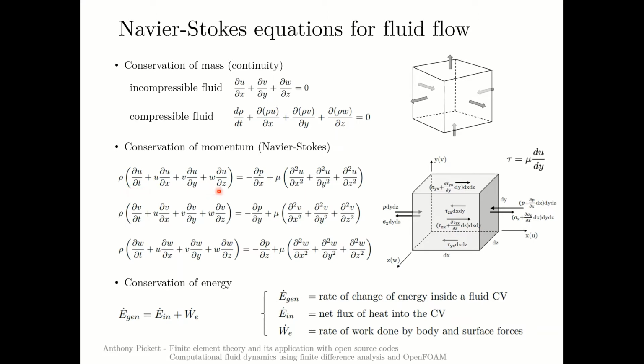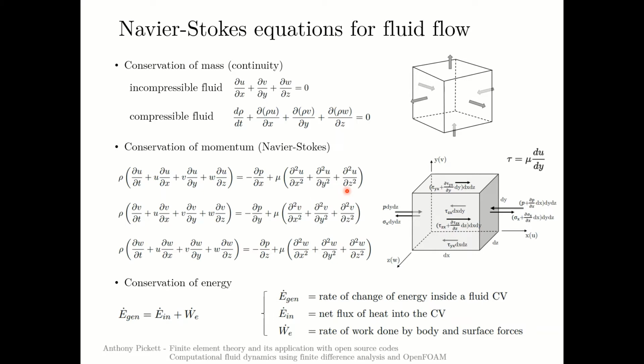This is the local derivative, and here are the convective derivatives. So this is the same as the previous expression, except it's expressed in conservation form. On the right-hand side, we have this also from the previous derivation. And all of these shear stresses are now replaced by these expressions here.